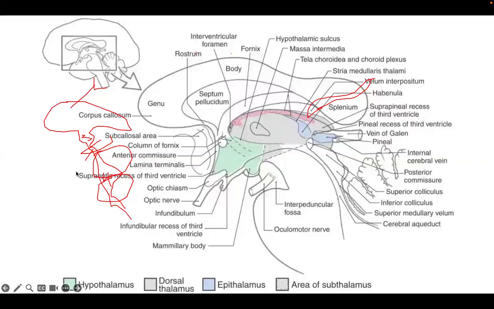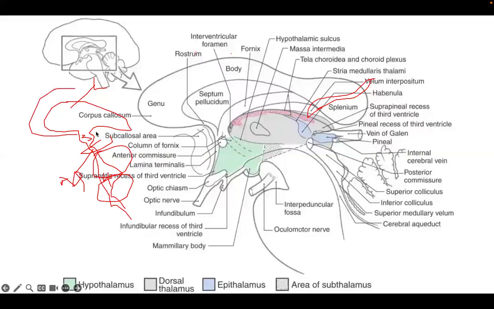This part is aqueduct, the aqueduct of Sylvius. This is the upper part of the fourth ventricle and lower part of the fourth ventricle. So everything here is fourth ventricle, okay? This is third ventricle. And this is the interventricular foramen of Monro communicating both sides and also going into the third ventricle. Is that okay? I don't know if you're clear on this.